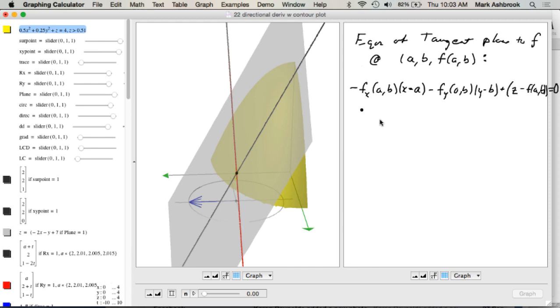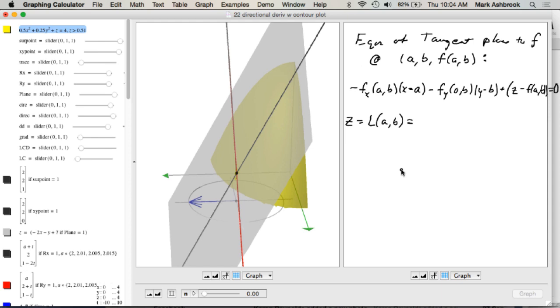If I rearrange this, I get what's called the linearization of the surface around that point. So I'm going to solve for z, and I'm going to call that L at (a, b). All I'm doing is solving for z.